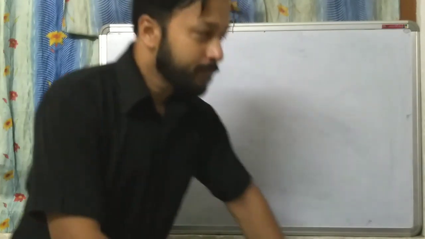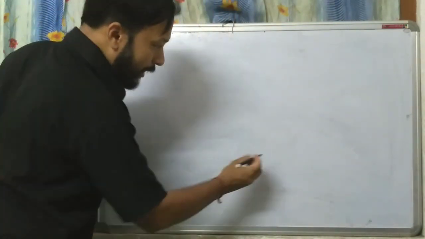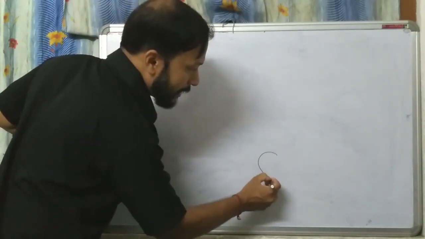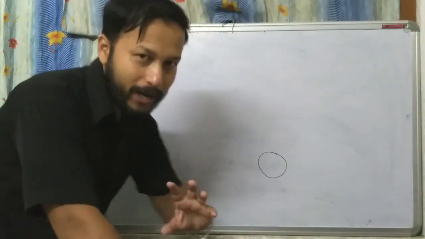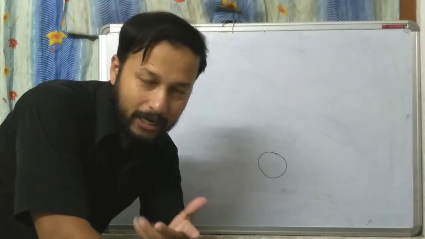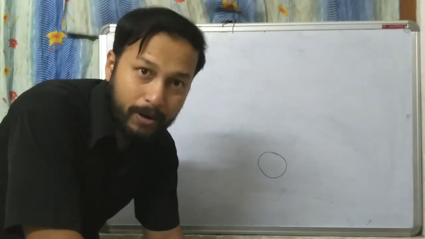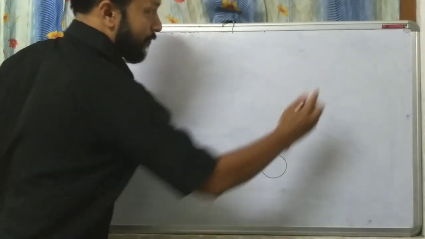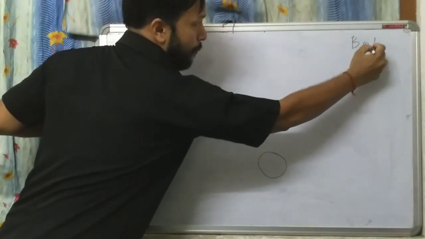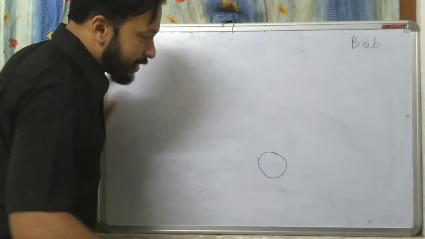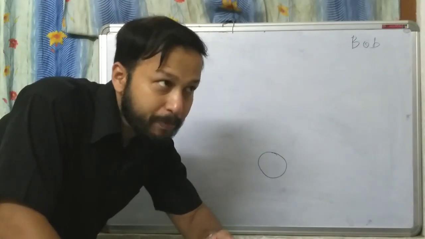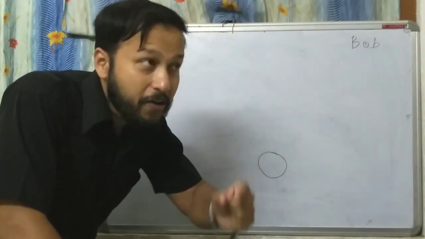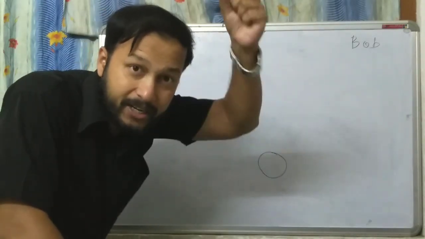Now what we have discussed, we'll draw it here. As I told you, this is the ball, the ball which I have taken, but we'll call it bob, B-O-B. This bob will be suspended by a very fine thread.